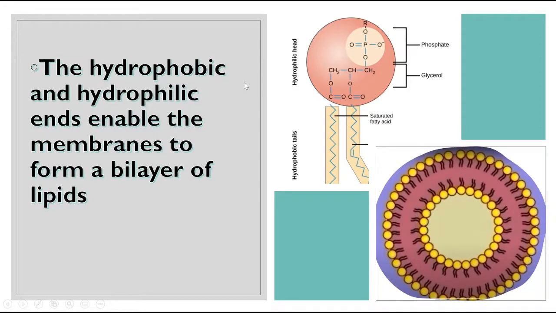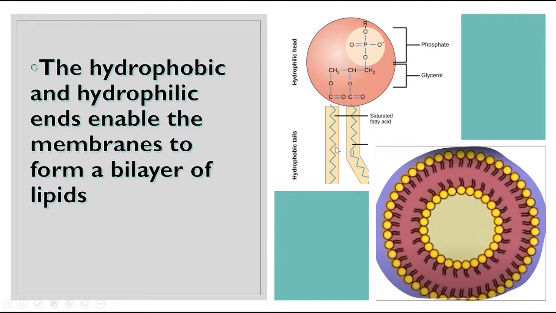Now, a phospholipid is made up of a hydrophilic head, which we call water-loving, the phosphate head, along with two hydrophobic tails, which are water-fearing. This part is water-fearing; it cannot tolerate water at all, and the hydrophilic part is water-loving.